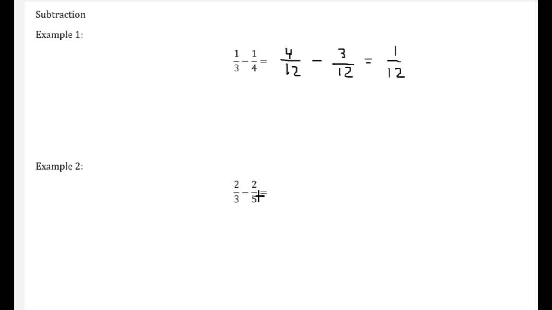Pretty simple. Now with example number 2, the common denominator is 15. 2/3 becomes 10/15ths, and 2/5 becomes 6/15ths. Perform the subtraction. 10 minus 6 is 4, so 4/15ths. Same idea as with addition.